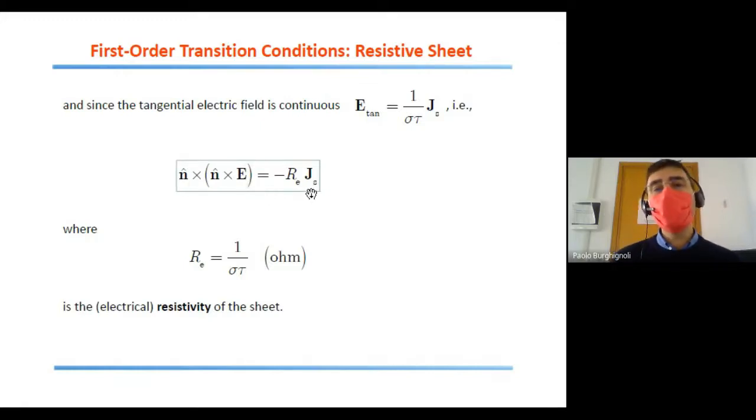This is proportional, through minus Re, to the surface current density that flows in the sheet.